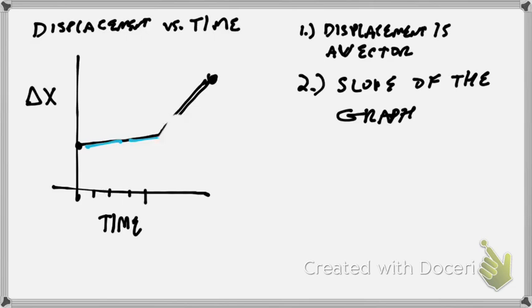So let me go ahead and draw this in. Here's a point. Here's a point, and here's a point. The slope at this point, and the slope at this point, and the slope at this point are representative of what we call the instantaneous velocity. Right?